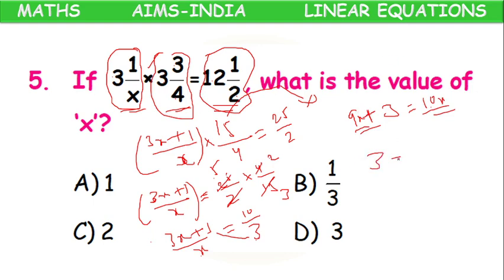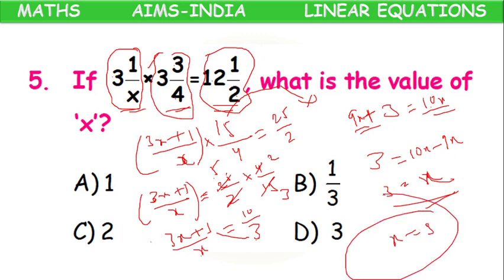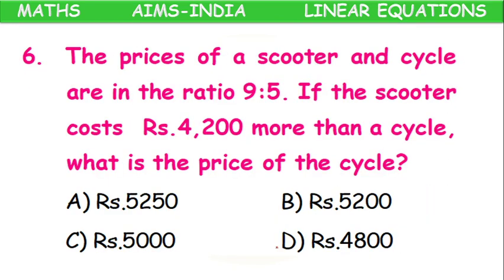Here 3 will remain equal to 10x minus 9x, equal to 1x. So 3 equal to x, or x equal to 3. So D option, x equal to 3 is the correct answer.